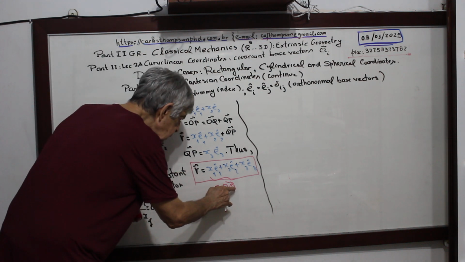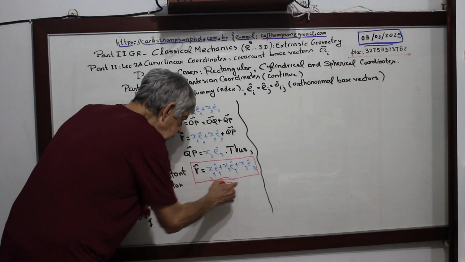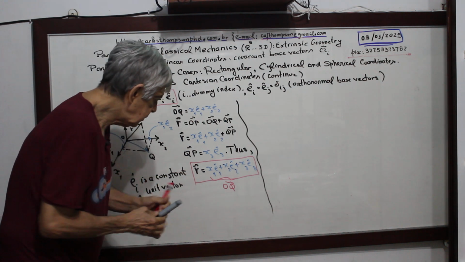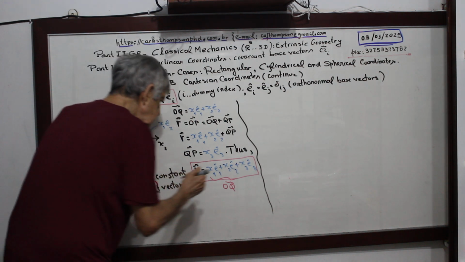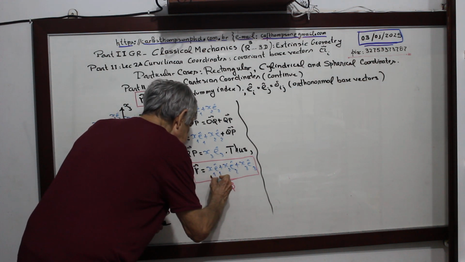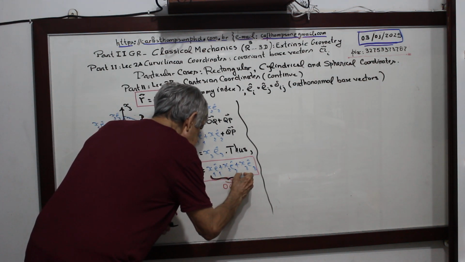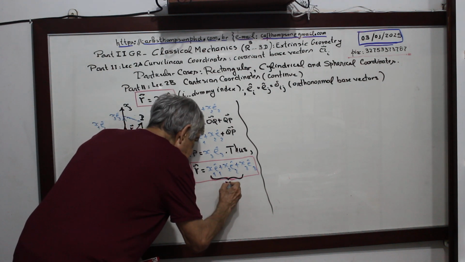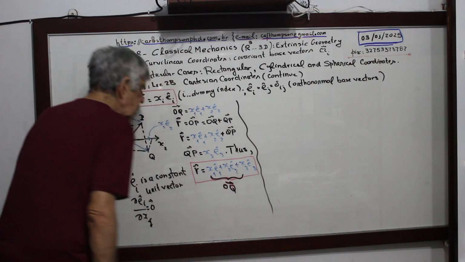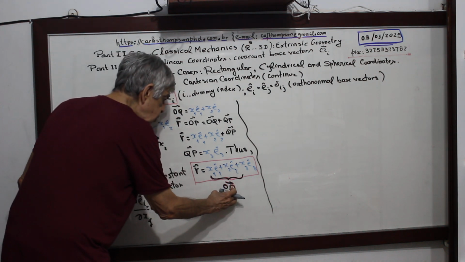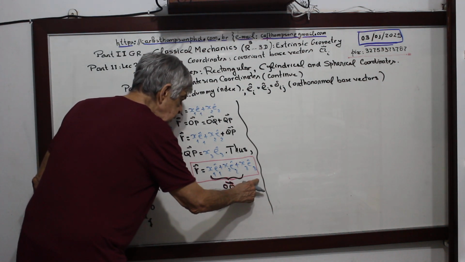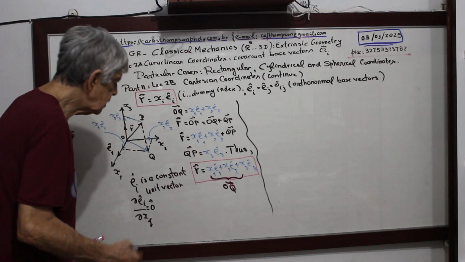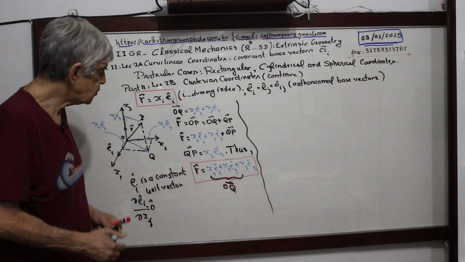I'll do it better here. This is OQ. So OQ plus x3 e3 just leads to the position vector r.